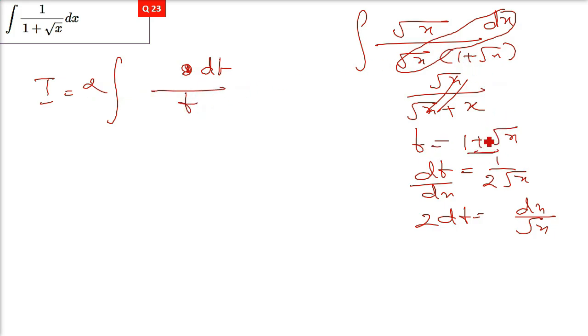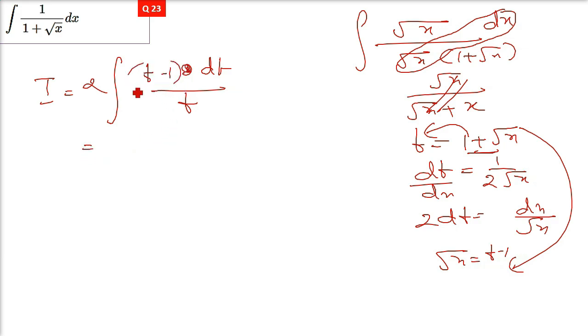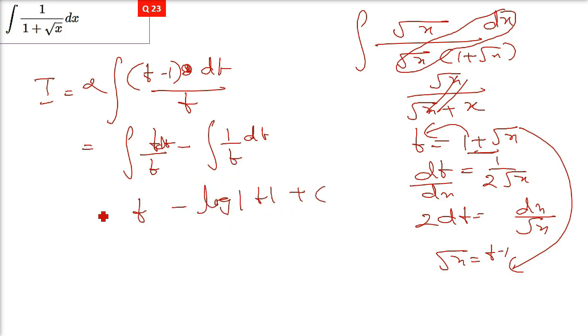How do we write root x? 1 you can take on the left hand side, so root x will be t minus 1. This root x will be t minus 1, and this will give you t minus 1 divided by t. 2 we will deal with later. Let us separate these two terms, t by t minus 1 by t, and t by t of course will be only t because the integration of dt is t, and 1 by t is log modulus of t plus c.